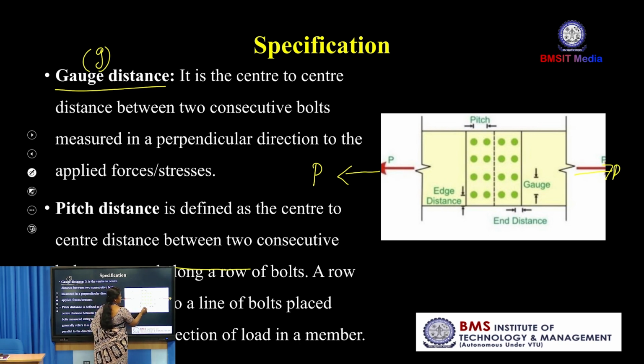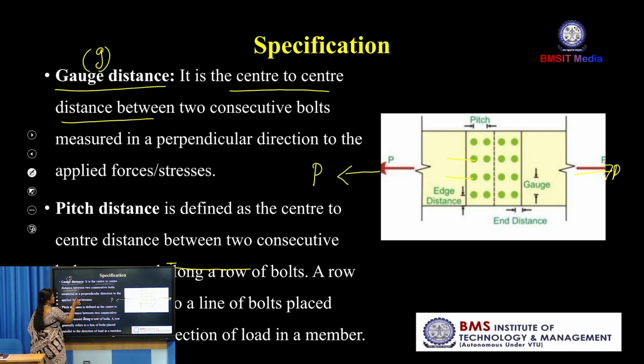This looks like a single cover butt joint. These are all the bolted connections. So, what is the definition? Center to center distance between two consecutive bolts. Two consecutive bolts means this one and this one. Center to center distance between two consecutive bolts measured in a perpendicular direction to the applied force.